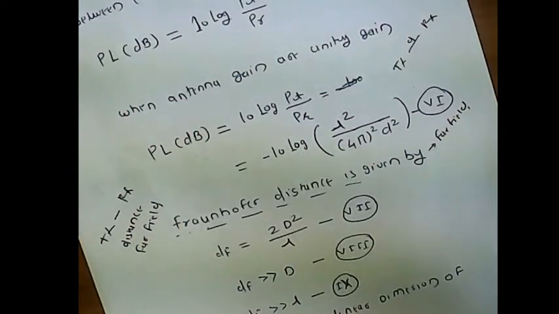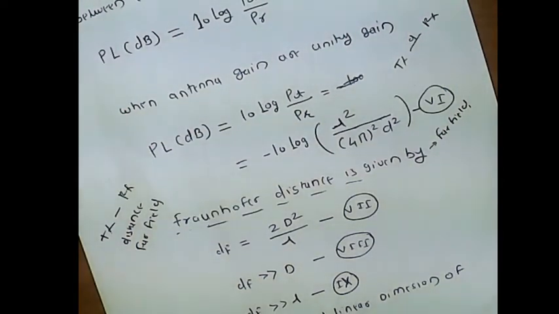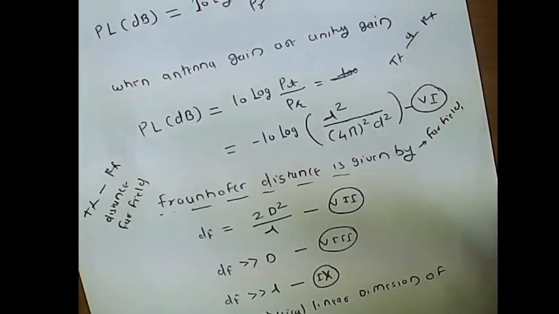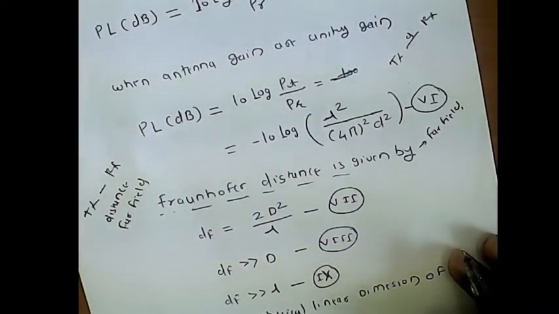When the transmitting antenna is very large, we use the Fraunhofer region, and the distance between the transmitting and receiving antenna is the Fraunhofer distance.